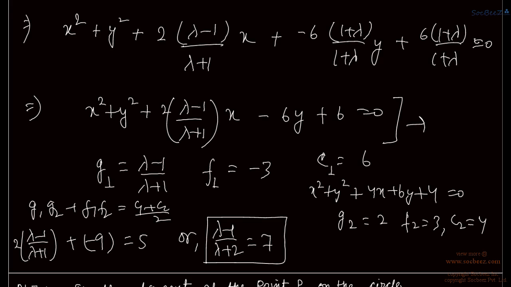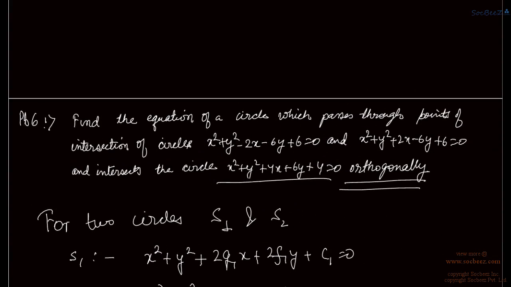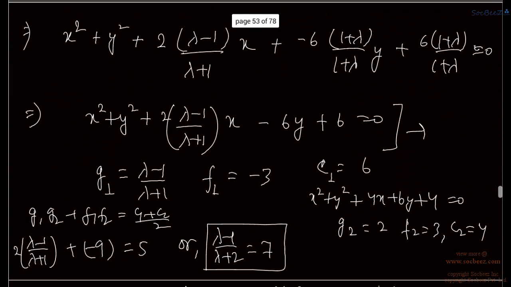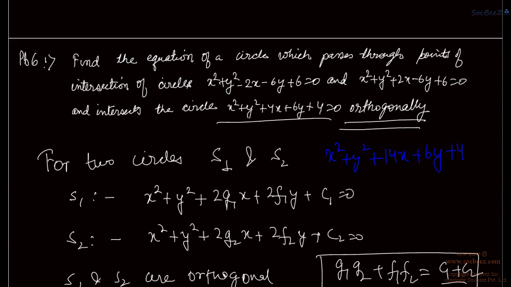We can substitute this here and find the equation of the circle. So the equation of the circle is x square plus y square plus 2 times this, whose value is 7, so 14x minus 6y plus 6 is equal to 0. So we have the equation of the circle as x square plus y square plus 14x minus 6y plus 6 is equal to 0.